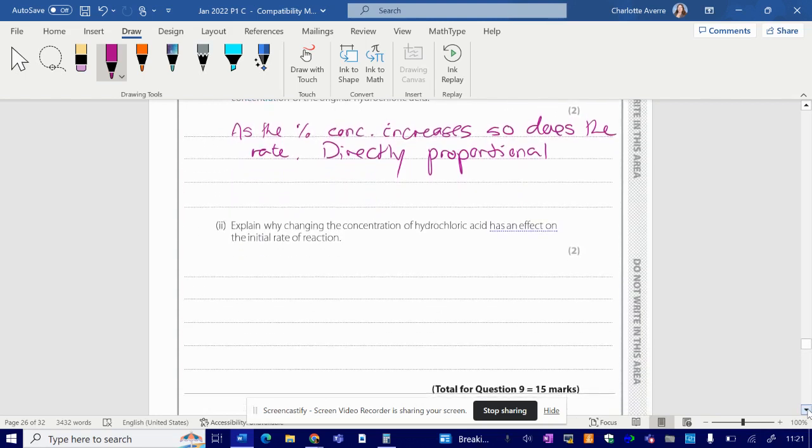Explain why changing the concentration of hydrochloric acid has an effect on the initial rate of the reaction. Well, we know that increasing concentration means that there are more particles of acid.